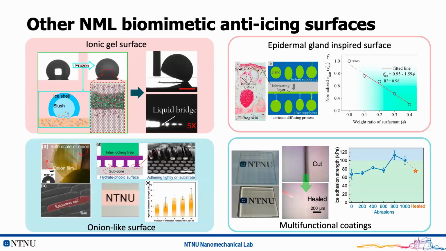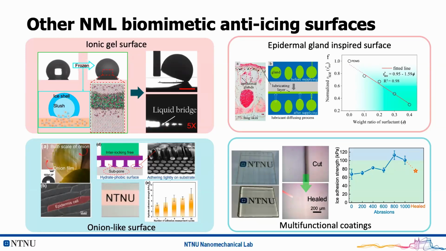And of course, we also work on other types of biomimetic anti-icing surfaces. These are 4 examples, like this ionic gel surface to mimic how ion migration works through human skin. And they also show very low ice adhesion.